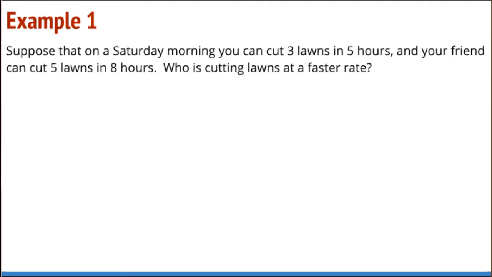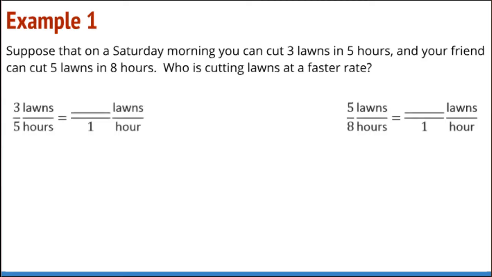So what we can do here is use some of our unit rate thoughts, and we can scale this down to 1 hour, and we can scale this down to 1 hour, and then we have something comparable. When they're both at the same number of hours, now we can compare.